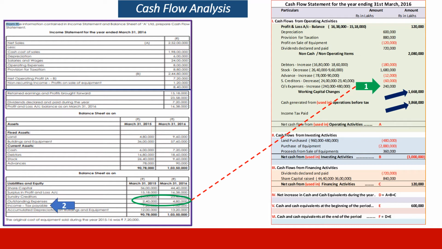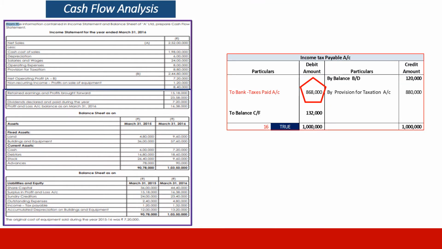For income tax payable, what is the income tax paid? Here we are talking of cash flow. We had taken a provision. We are supposed to show how much income tax we have paid, but what is available in the balance sheet is income tax payable. For that, we have to prepare an income tax payable account. When you prepare it, it's so simple. Income tax payable, opening balance is 1,20,000.